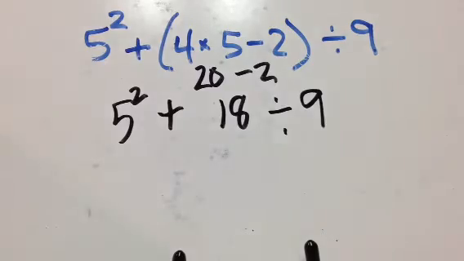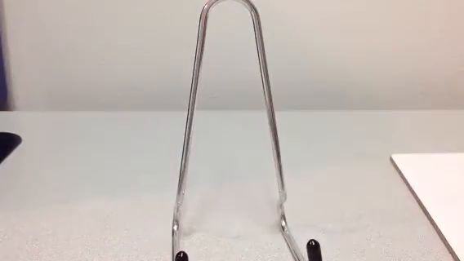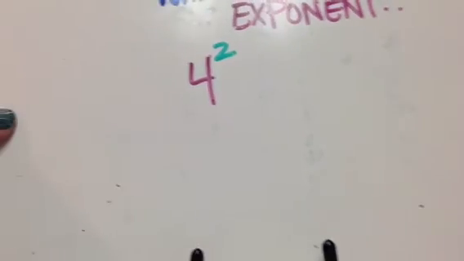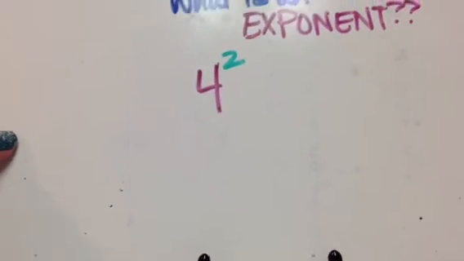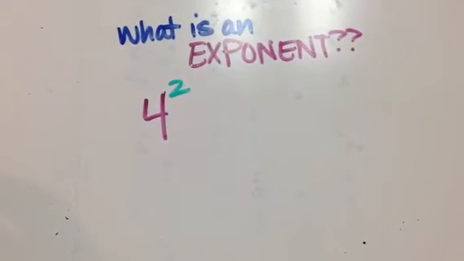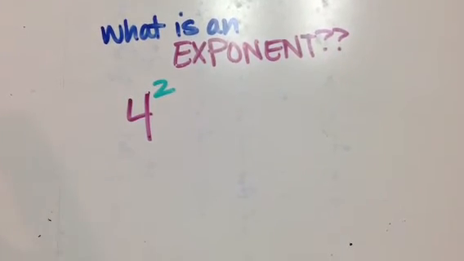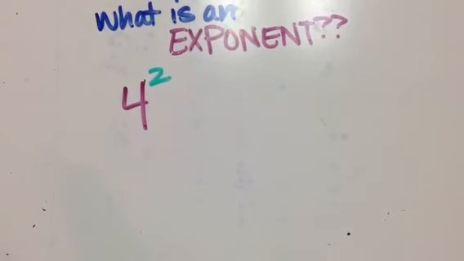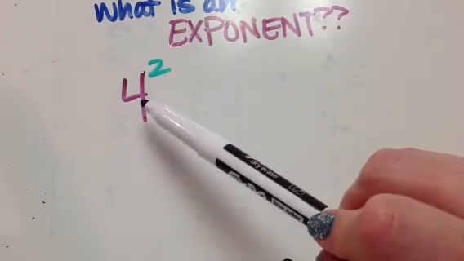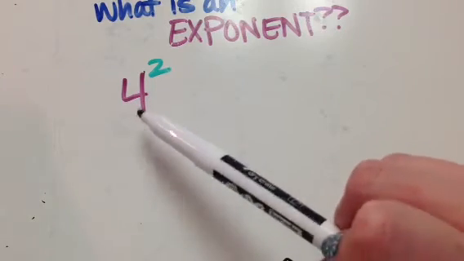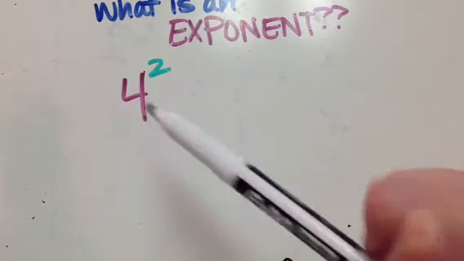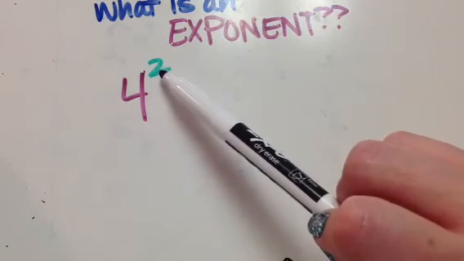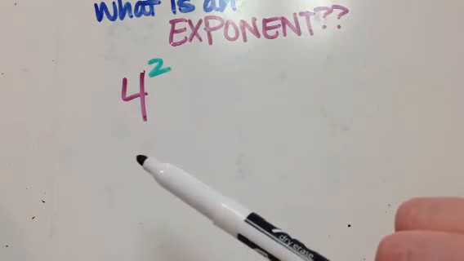So let's talk a little bit about what an exponent is, because it sounds a little scary. With a lot of things in math, they give it a big, scary name, and it really is something very, very simple. An exponent always has two parts. It has the base, which we have here in this purpley color, and it has the actual exponent, which can be seen there in the green.